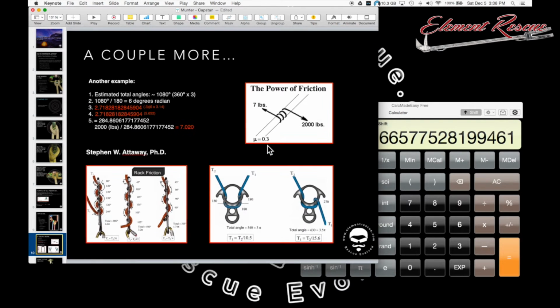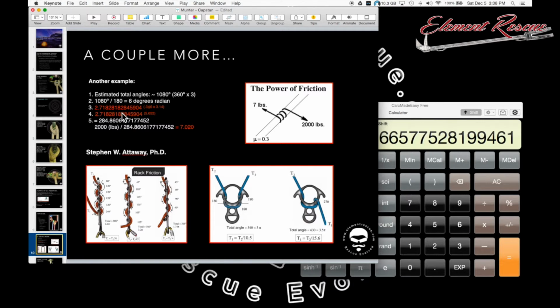So when we want to check that, we can actually just plug that into the equation we just did. The estimated angle is obviously 360 degrees times 3, which gives us 1080. We go ahead and divide that by 180 and get 6 pi radians. Then we take the pi out of there, and we multiply that by the coefficient of friction that they gave us, which was 0.3, and that gives us this number down here, which is 5.652.